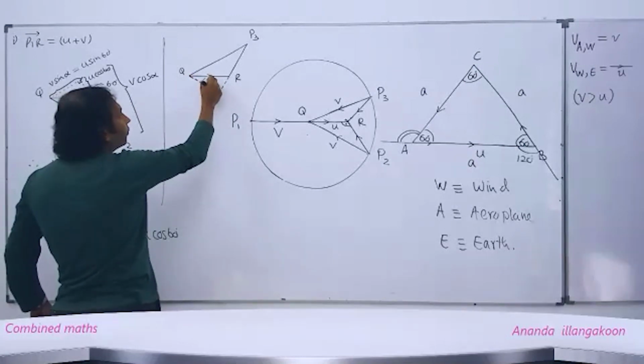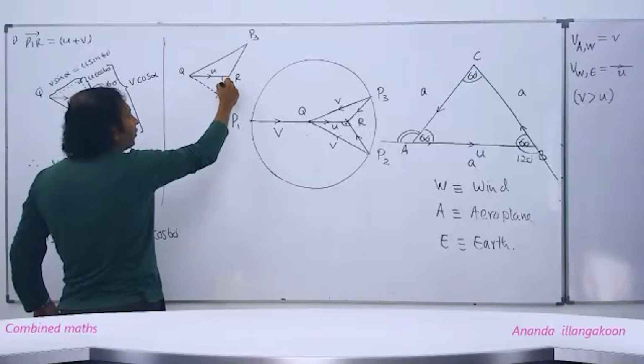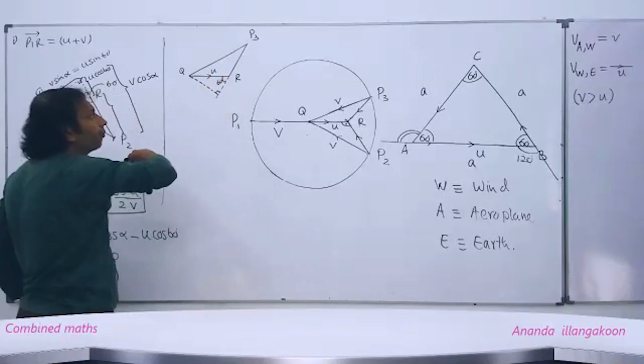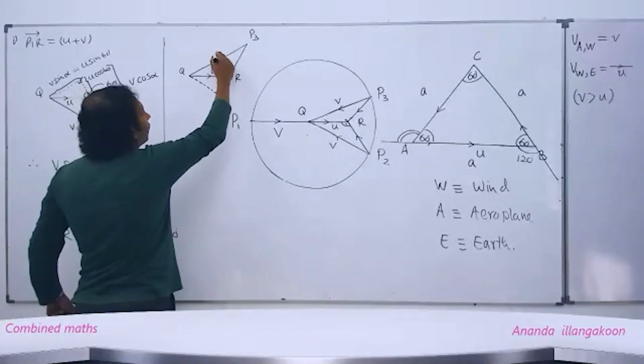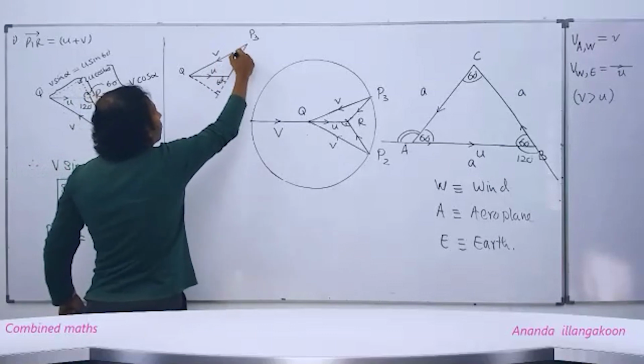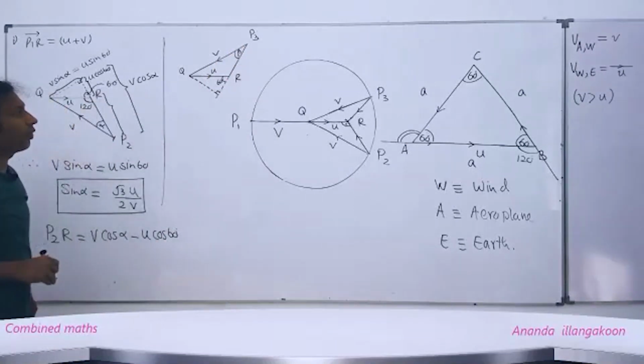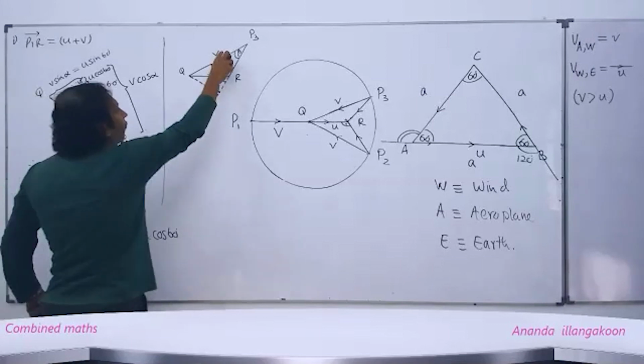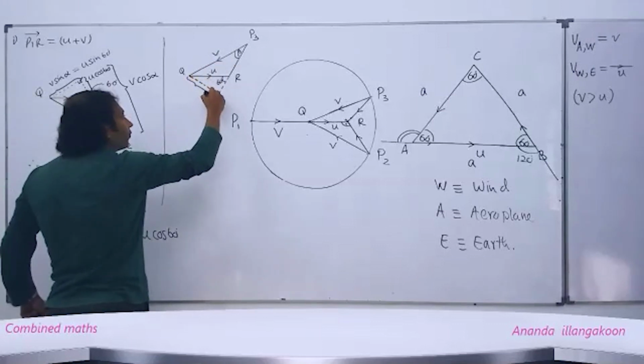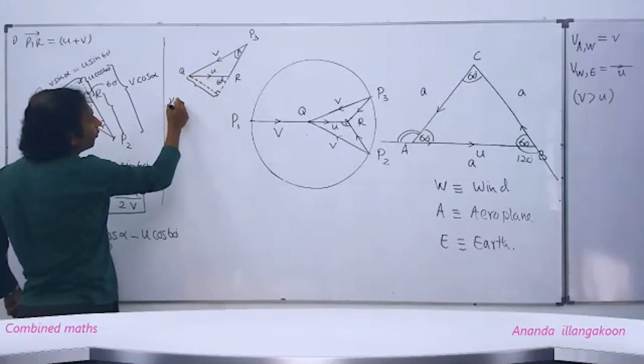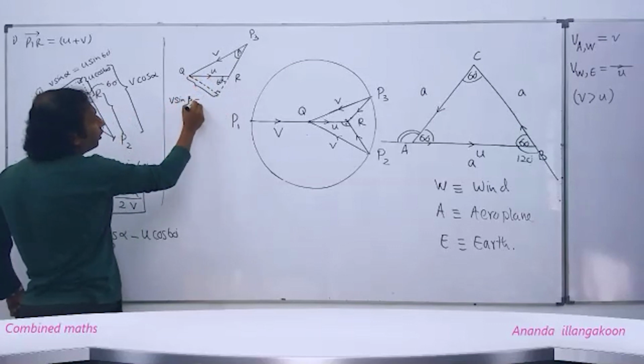This is U, this is equal 60. This is V, so I take this angle as beta. You can write V sin beta is equal to U sin 60.